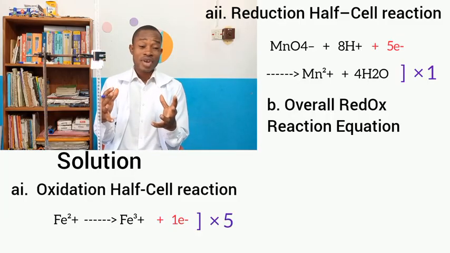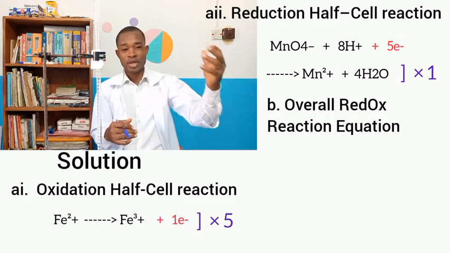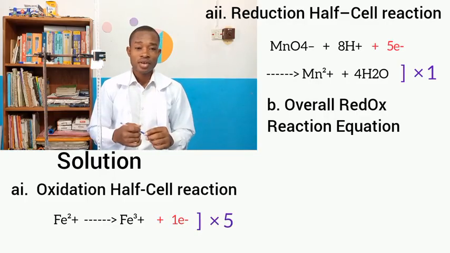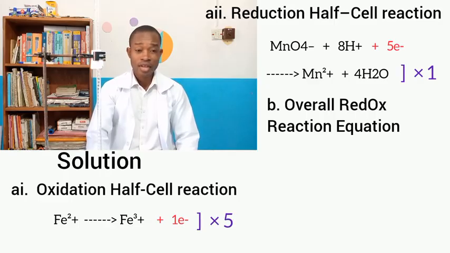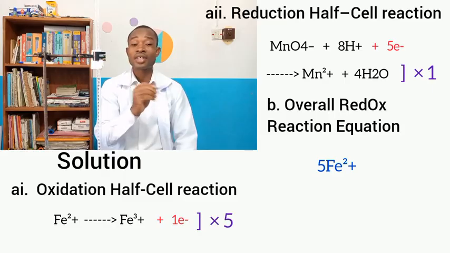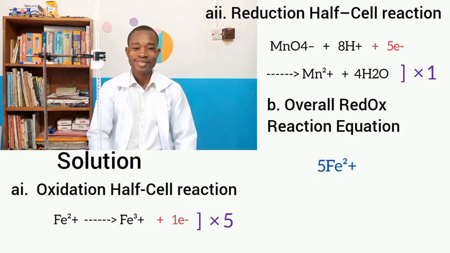So to write the overall reaction, we are going to pick what we have in the reactant part of the oxidation reaction. Remember, each term there is going to be multiplied by 5. So we have the equation, watch as it shows on the screen. 5 iron 2 ion.